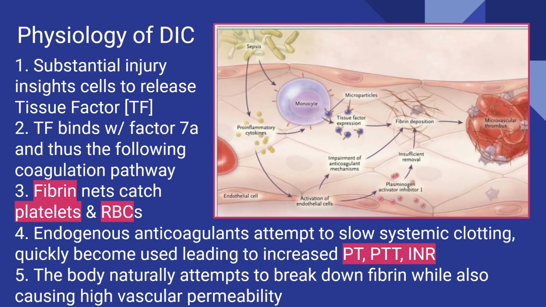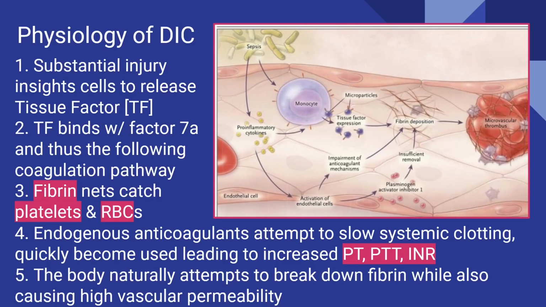And this tissue factor is going to bind with some clotting factors, and it's going to start the coagulation pathway. Okay, and all of this is going to cause a lot of fibrin to make a mesh. So you've got an injury, which causes a signaling molecule to make a mesh net. And that's going to catch your platelets, it's going to catch your red blood cells to make a clot.